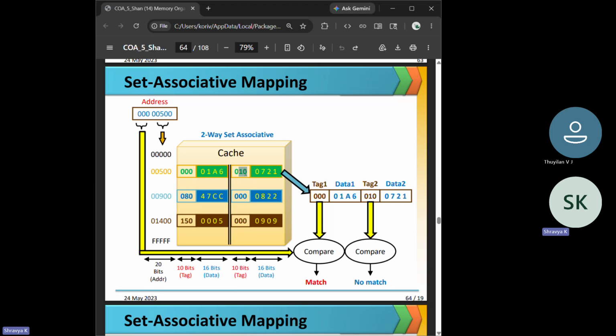There are two tags and two data entries in the cache at the same index, and you take this address and use two comparators, and check with both of them, and you can find that in one case there's a match, and in another case there's not. So since it's two-way set associative, we needed two comparators. And if it was three-way set associative, you would need three comparators, and so on, right?